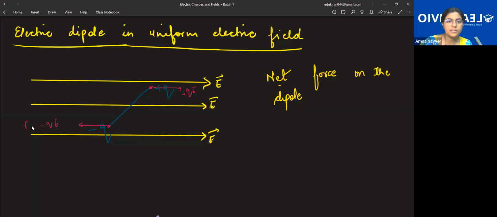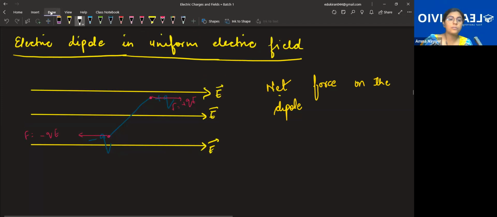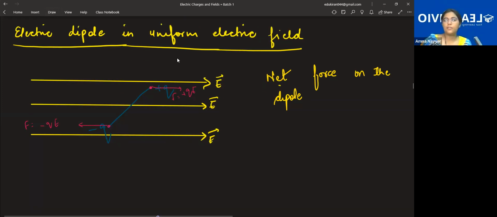So this is the force, and here this is the force. Now, the direction of the dipole is also important. The direction of the dipole is from negative towards positive, so the dipole moment direction will be this.